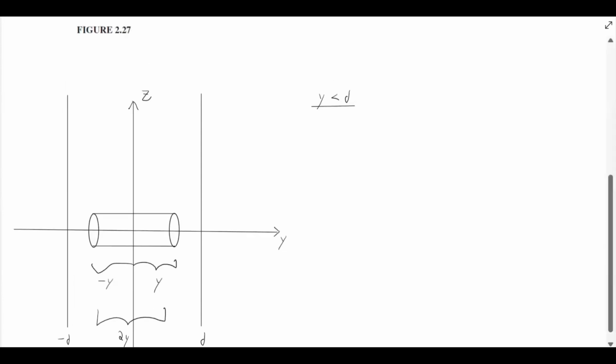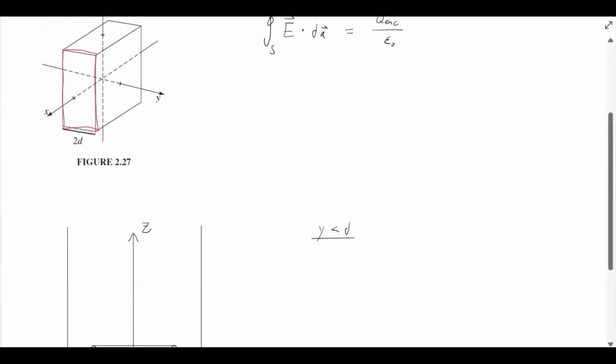So we can view this problem as initially one infinite plane in the xz plane. This is the plane, not a line, but we're looking at it from its side. And we have some pillbox here.